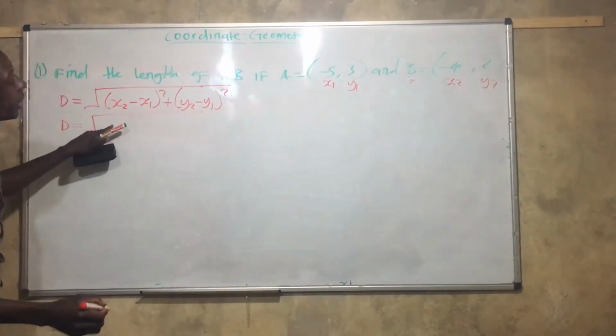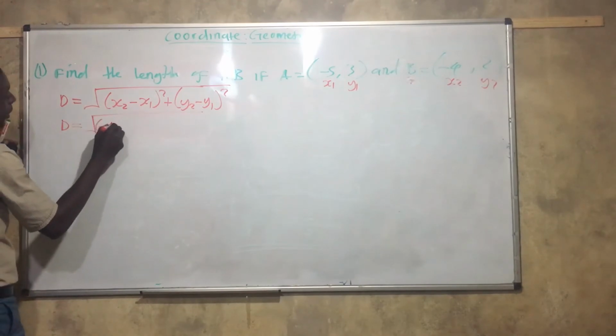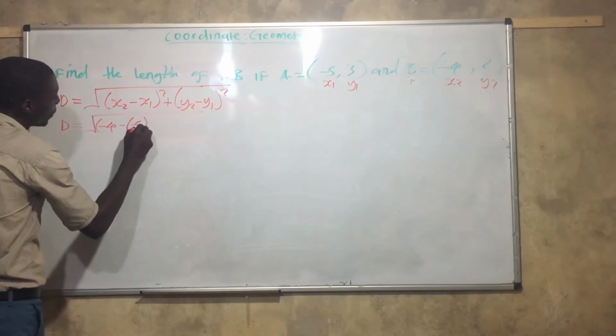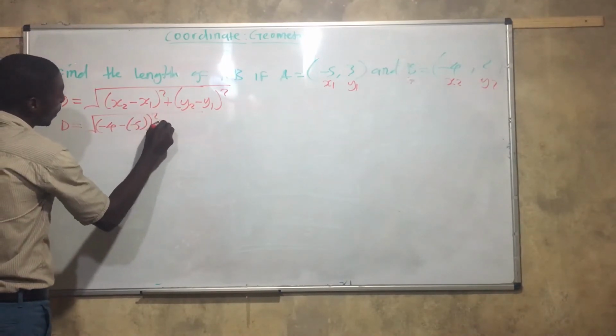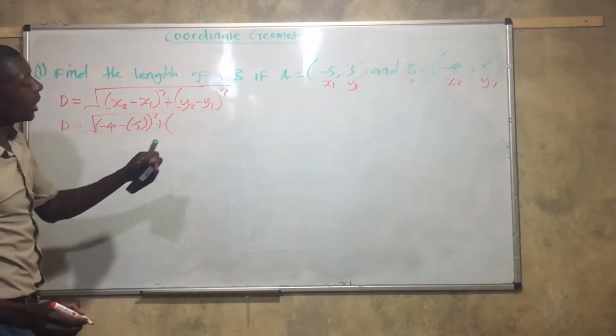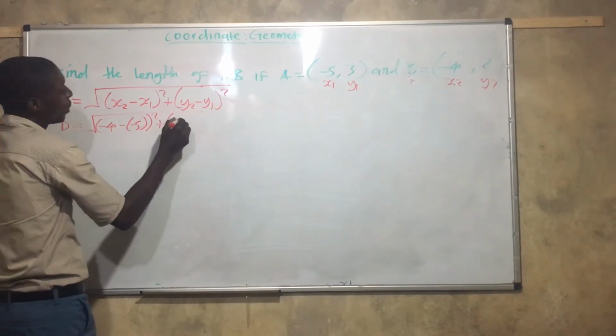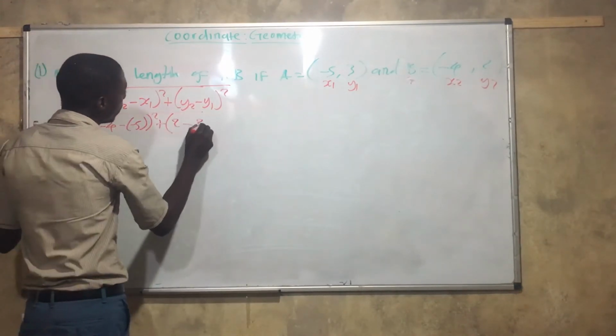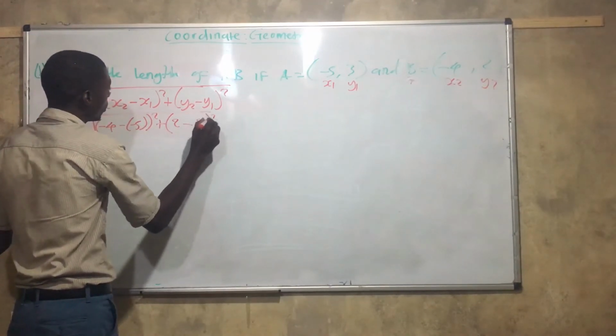So our x2 is -4 minus our x1 which is -5, squared, plus our y2 which is 2 minus our y1 which is 3, squared.